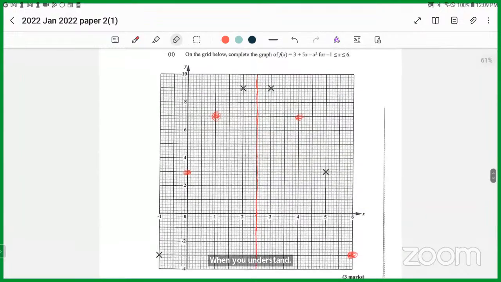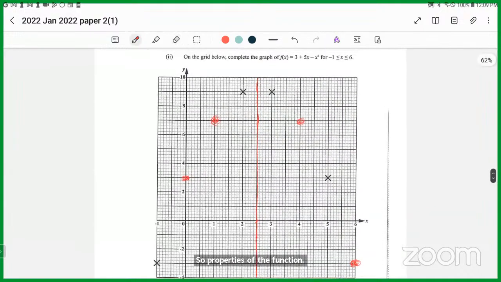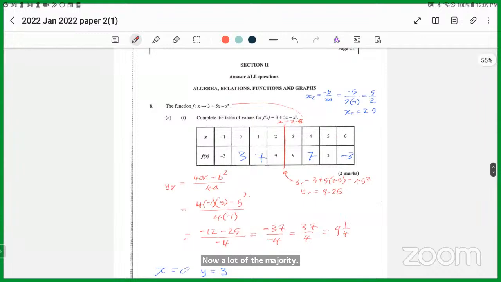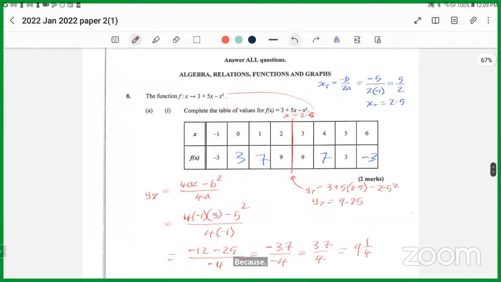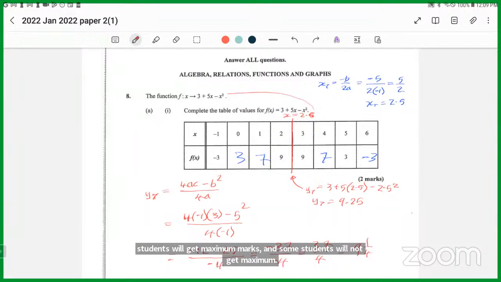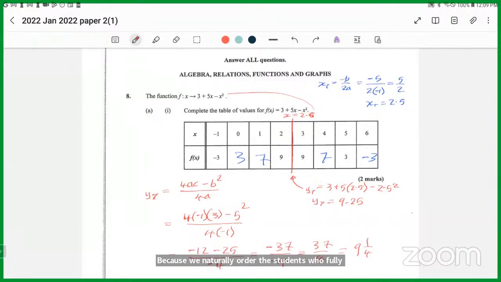Now, a lot of persons when they draw this, because the vertex point was not given on the table, this is where some students will get maximum marks and some students will not. Because really and truly, only the students who fully understand the quadratic will know that there's a point above 9. The turning point is actually on the axis of symmetry.